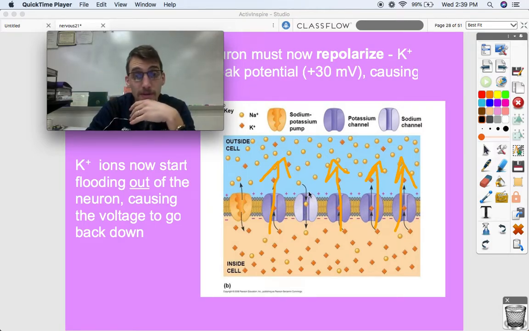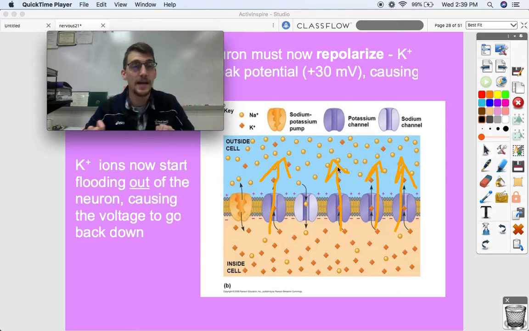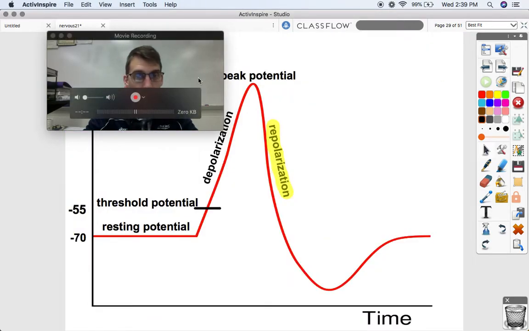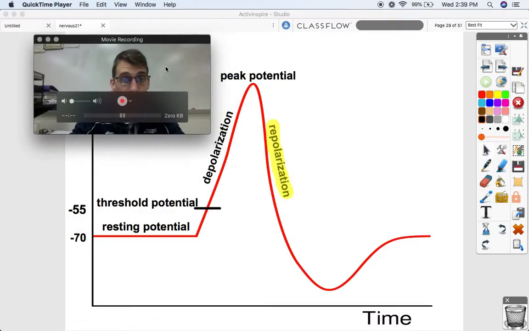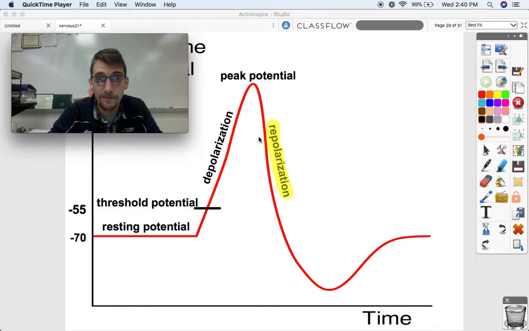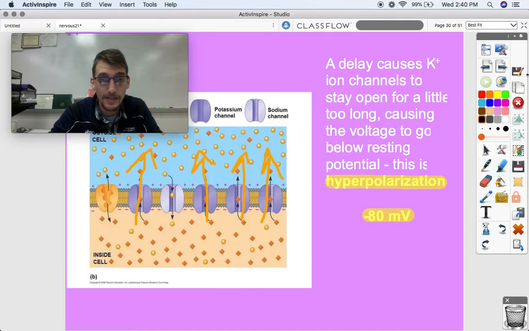Since we've got a lot of potassium on the inside, once we open this up, potassium floods out of that axon, of that cell. That's where we get repolarization. Our voltage is going down from peak potential, and in fact, we go even lower, we get even less voltage than at resting potential.